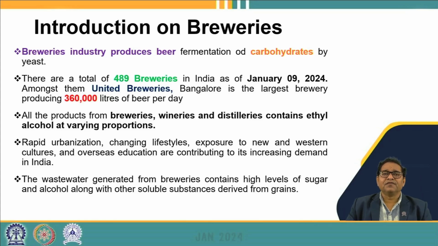Amongst them, the largest brewery is based in Bangalore, the United Breweries, which has a production capacity of more than 360,000 liters of beer per day.